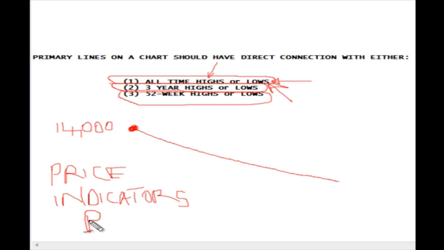And because we use the RSI for the most part, or the MACD, this is also important for these two technical indicators. But let's just do price for now, and then we'll get to the RSI.